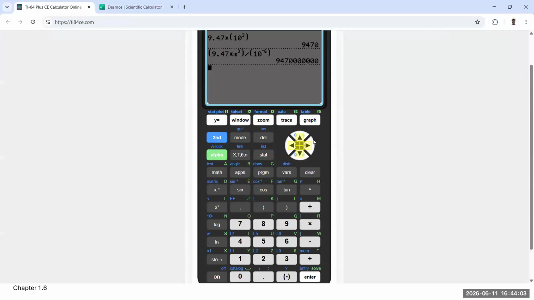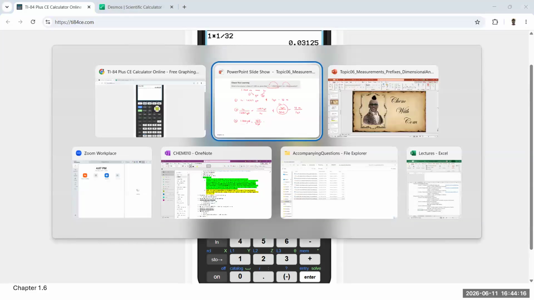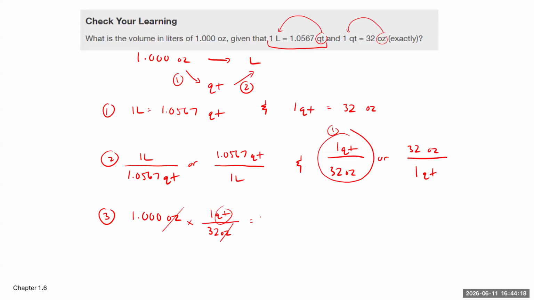Let's try that on the calculator. 1 times 1 divided by 32 is 0.03125, and we have quarts. So let's write this down: 0.03125 quarts.